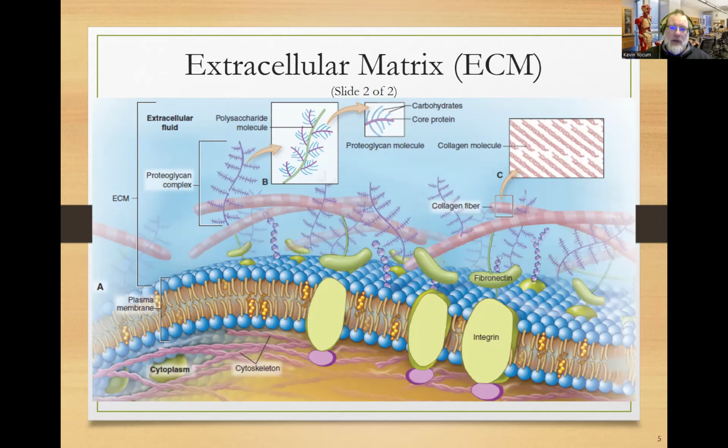You have inter, I-N-T-E-R, means between. So whenever you see inter, it means between. So intercellular means between cells, whereas intra, I-N-T-R-A, means inside of something. So intracellular would be inside the cells. Okay, so that's the difference there.